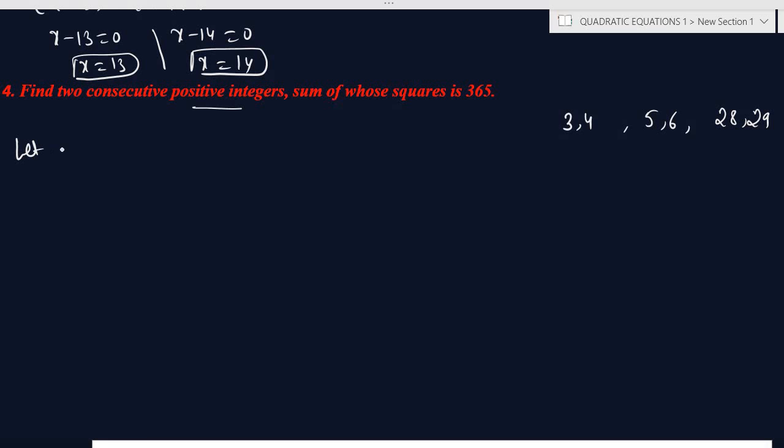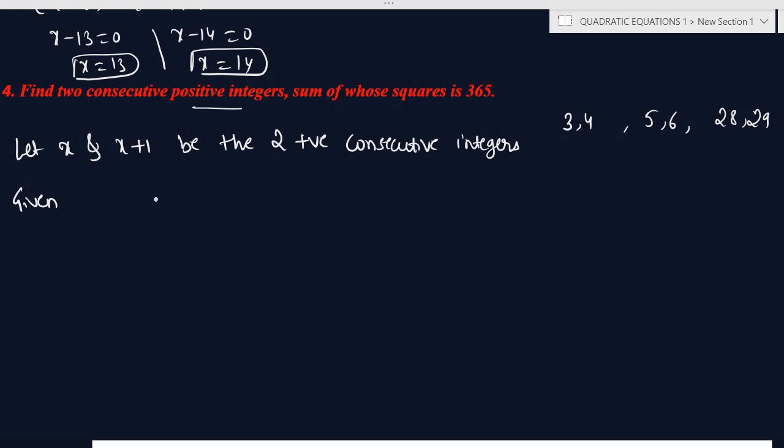Let x and x plus 1 be the two positive consecutive integers. Given the sum of whose squares, x square plus (x plus 1) square is 365.